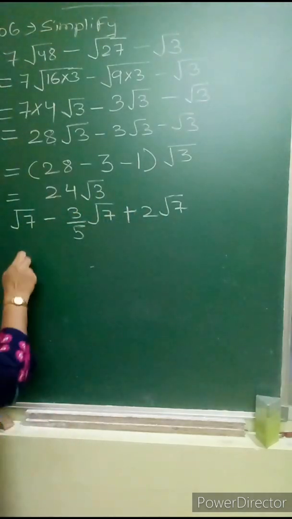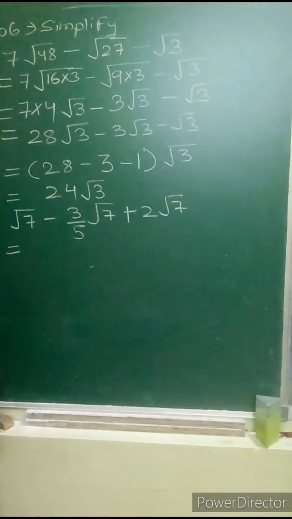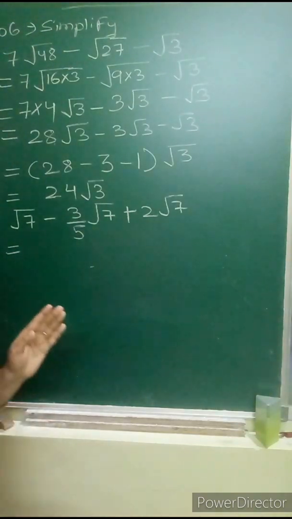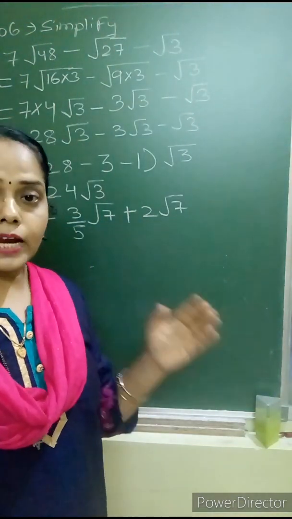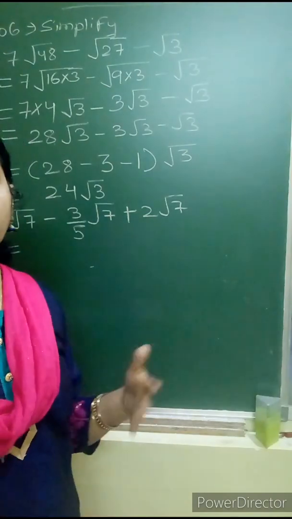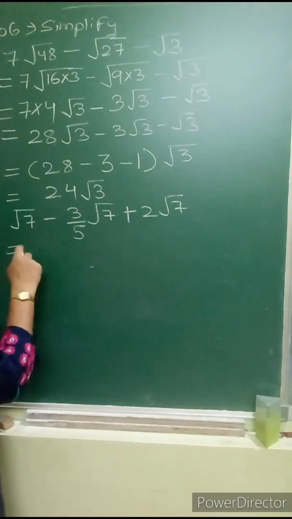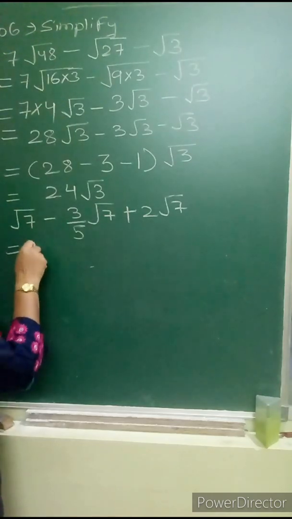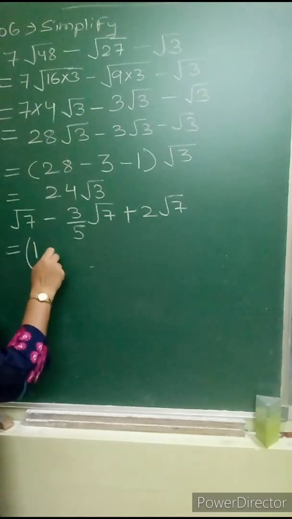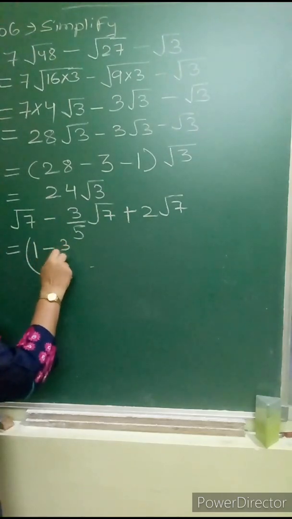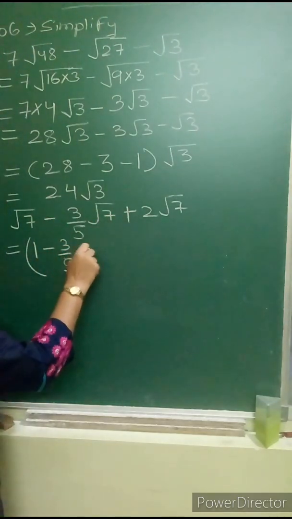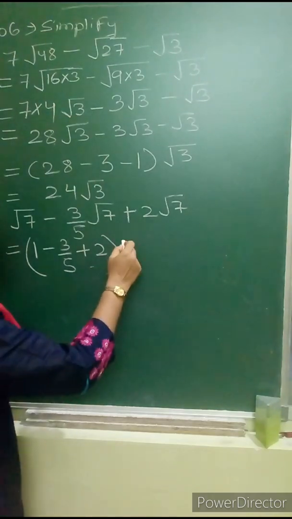Now what has to be done now? We have to just add and subtract the rational coefficients of these surds according to the BODMAS rule. So here there is an invisible 1 outside square root of 7. So write there 1 in the bracket. Then write this minus. Then 3 upon 5 you write. Then plus 2. Bracket close.